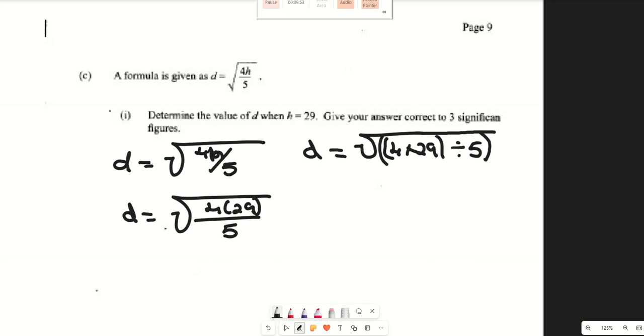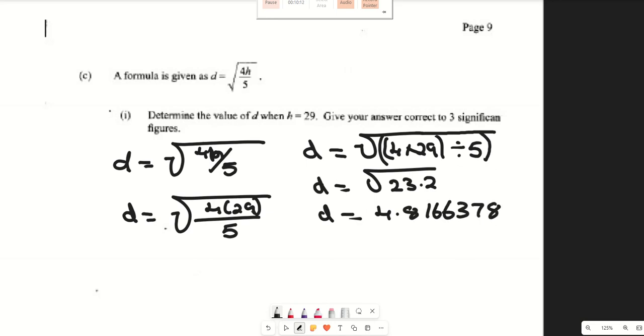So d is equal to the square root of 23.2. You put that in your calculator, and the square root of that is equal to 4.816637832. However, they said correct to 3 significant figures.